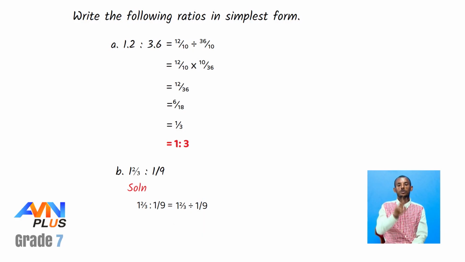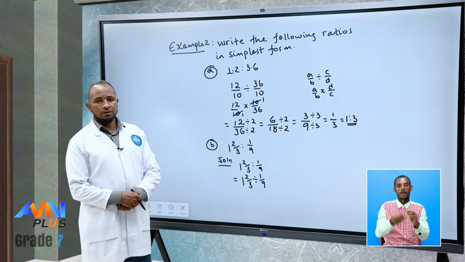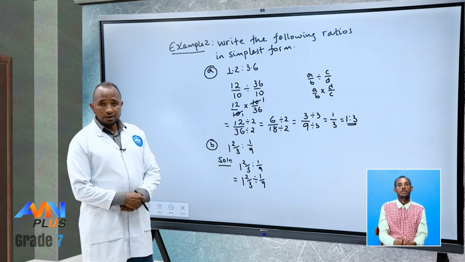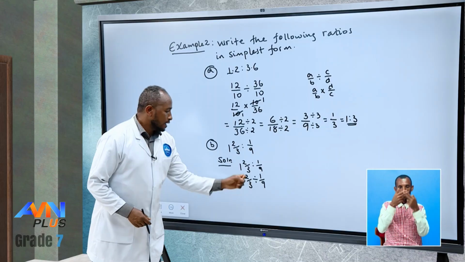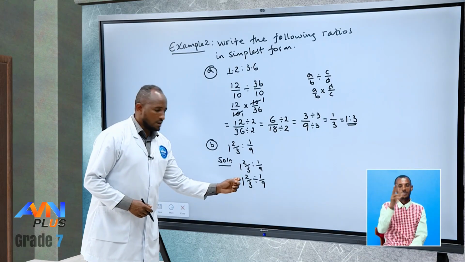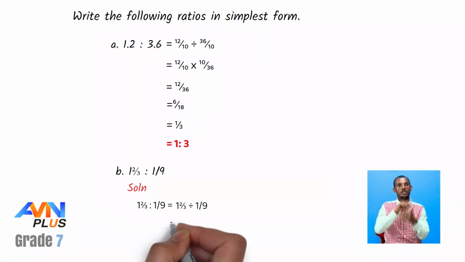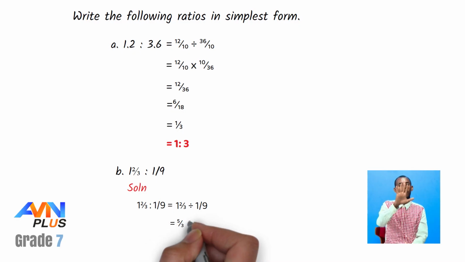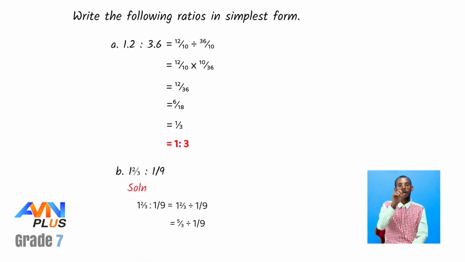To divide this, first I have to change this mixed number into an improper fraction. To change this, just take the product of the two and add this one. 3 times 1 is 3, 3 plus 2 it is 5. Therefore, this becomes 5/3 divided by 1/9.